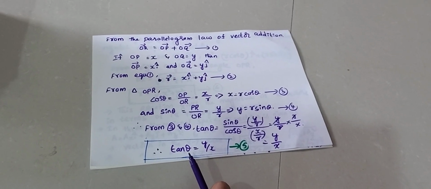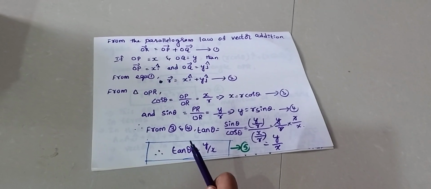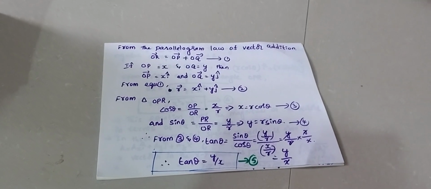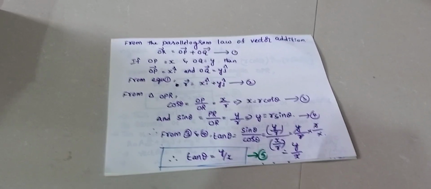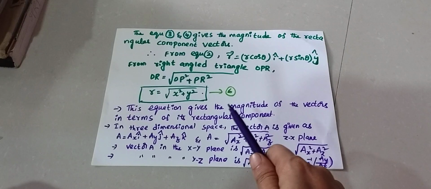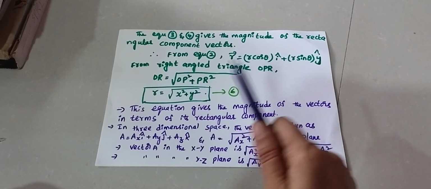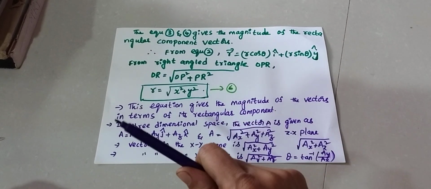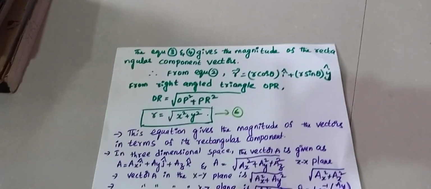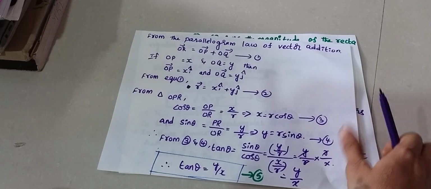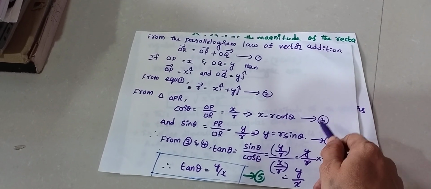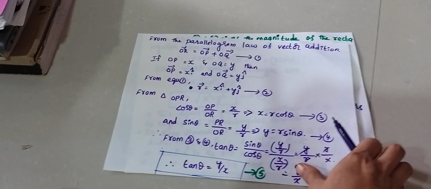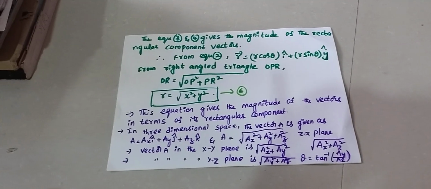This is the direction of the rectangular component. Equations 3 and 4 give the magnitude of the rectangular component vectors. Equation 5 is the direction of the vector.